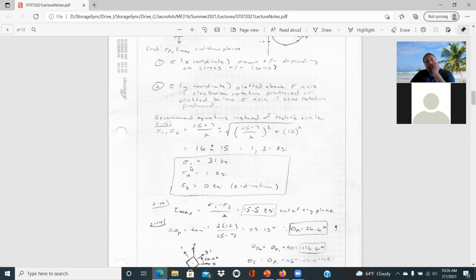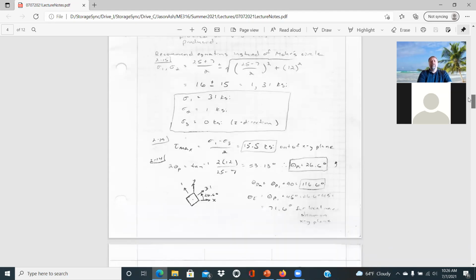And so for this case, if we order them from largest to smallest, sigma 1 would be equal to 31 KSI, sigma 2 would be 1 KSI, and sigma 3 would be 0 KSI. And so for this example, I use the sigma 1, sigma 3 terminology. But again, I still prefer sigma max minus sigma min, and you don't really have to worry about reorientation at all.